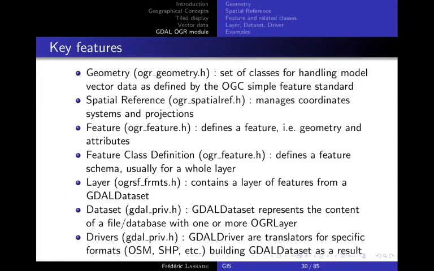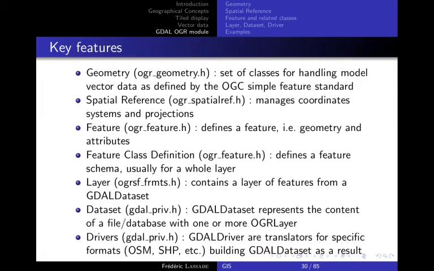Then you have the feature class definition, still in the OGR feature.h file, which defines a feature scheme, usually for a whole layer. Then the layer is defined in the OGR SF, so simple feature, format.h, which contains a layer of features from a GDAL dataset.